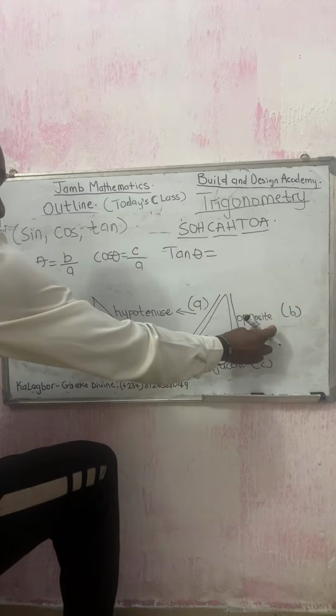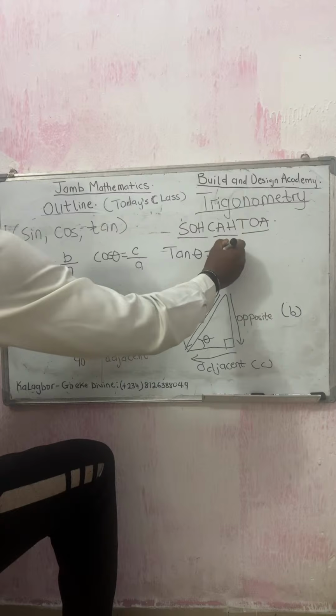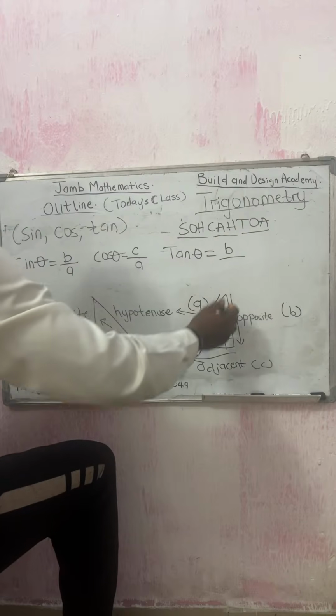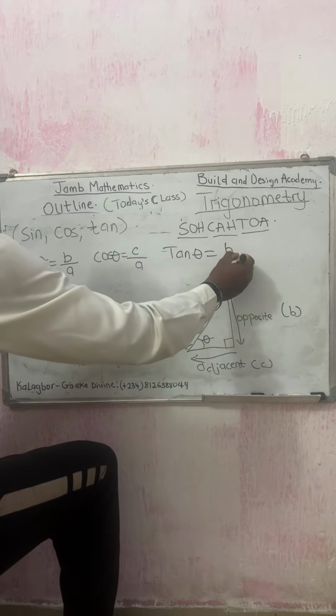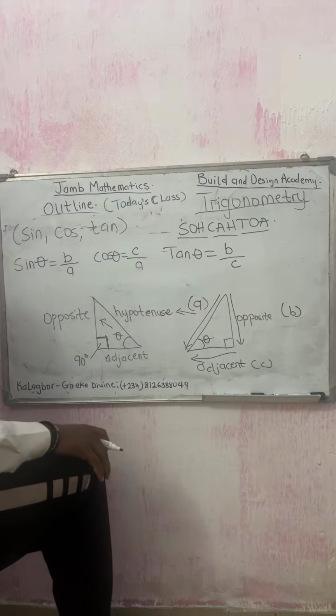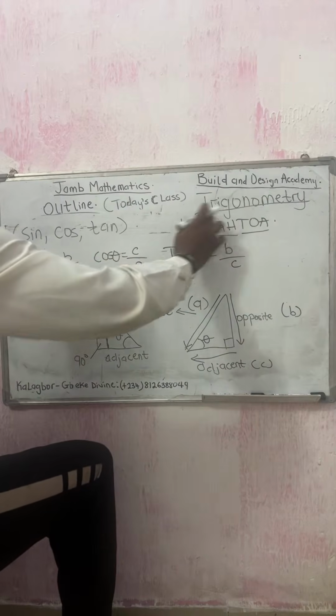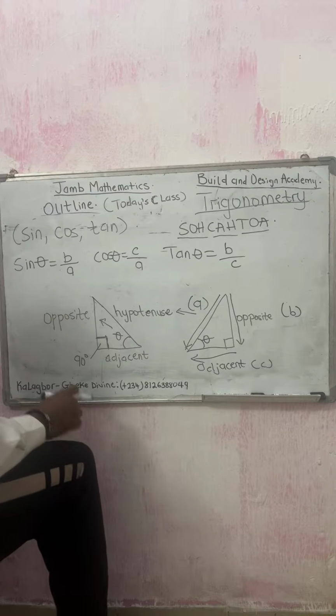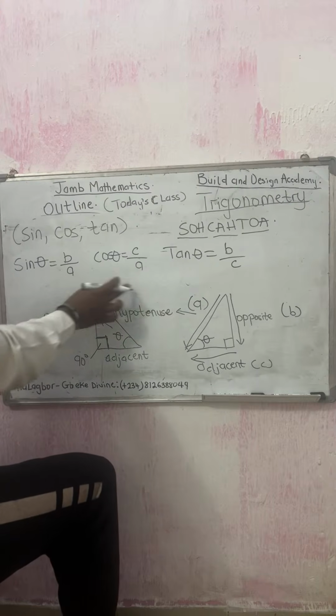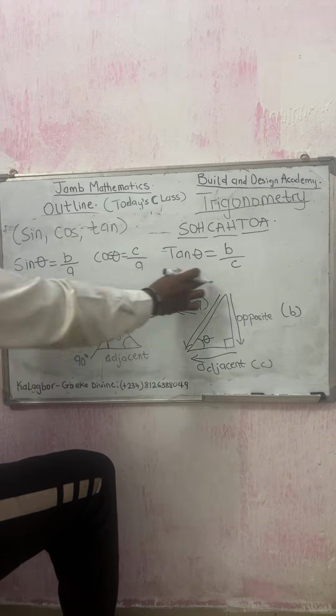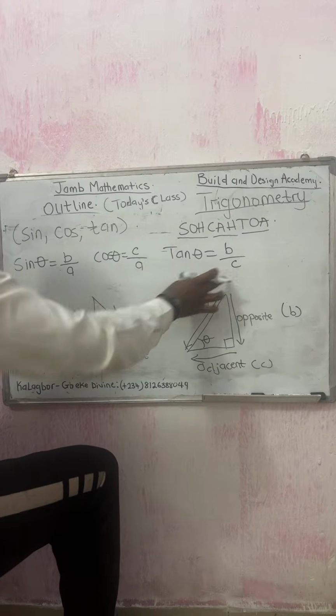Our opposite here is B, and our adjacent is C. So this is how we use SOHCAHTOA to get sin theta, cos theta, and tan theta.